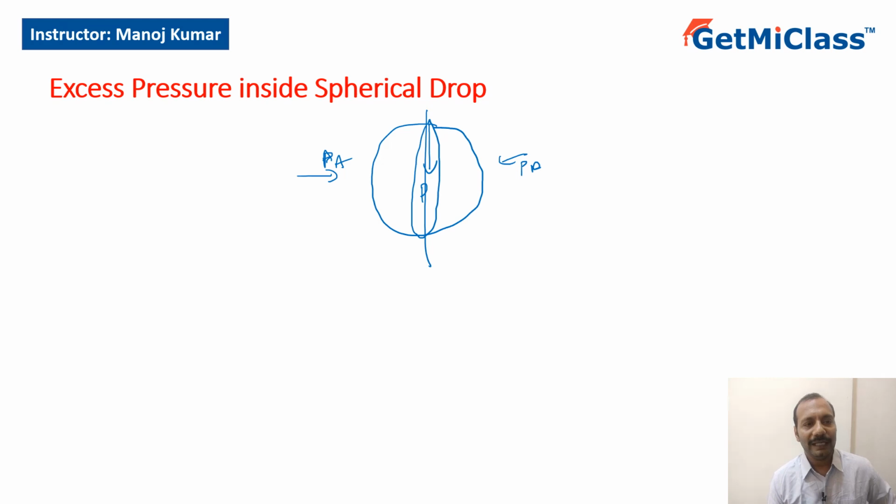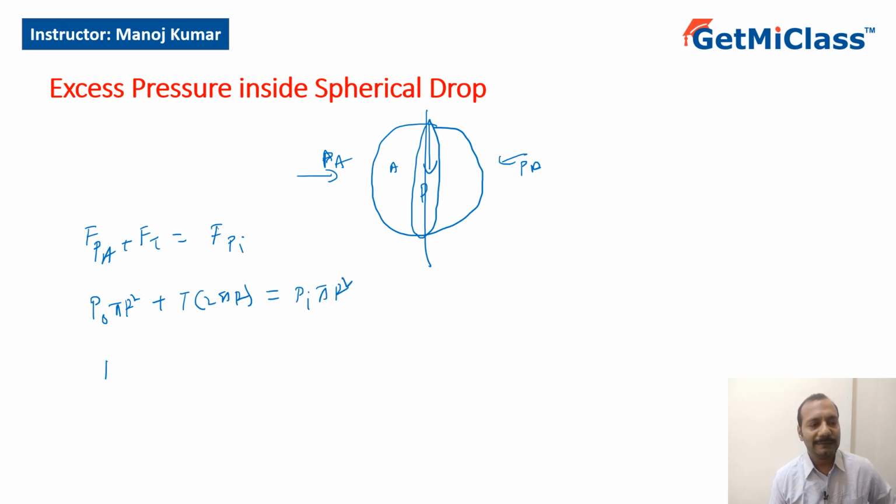If I take the area of cross section as A, then force due to atmospheric pressure plus force due to surface tension should be equal to force due to pressure inside. Now what is force due to atmospheric pressure? I'll take atmospheric pressure as P naught, into pi r square, plus force due to surface tension, which is T into 2 pi r, equal to force due to pressure inside, which is Pi into pi r square.